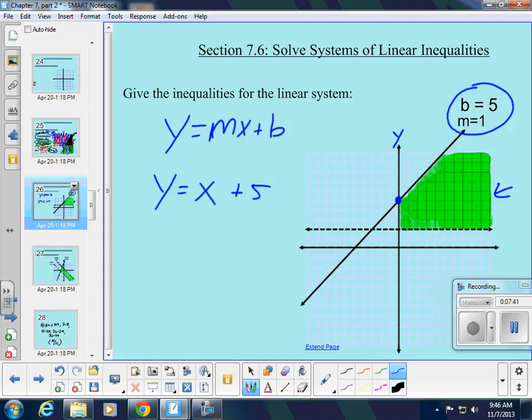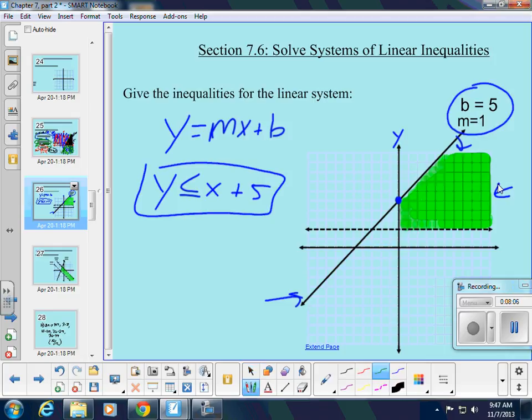We did some of this. I just need to look at what type of line I have. In this case, it is a solid line. And where is the area shaded? Well, it's shaded below the line, correct? So knowing that it's a solid line, I know I'm going to have the equals here. And since it's below the line, this is going to be less than. So this is one of the inequalities that's going to work for that system: y is less than or equal to x plus 5.